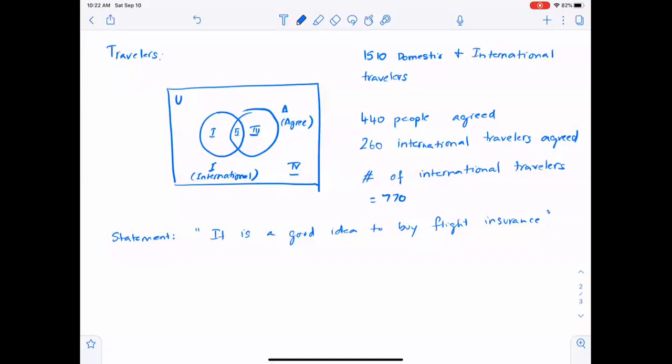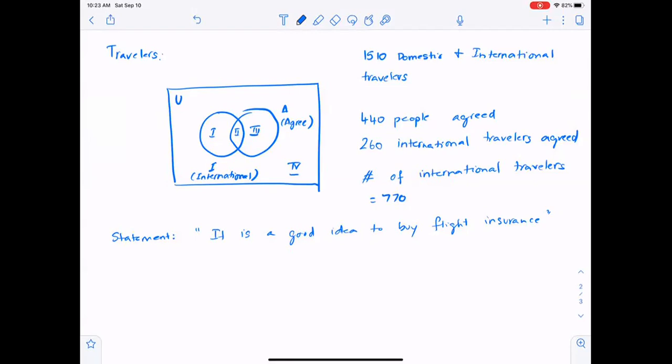So I have summarized the information from the problem. We have 1510 domestic and international travelers, and we have a statement: it is a good idea to buy flight insurance before you get on a trip. And we want to know the number of people who agreed and the number who disagreed.